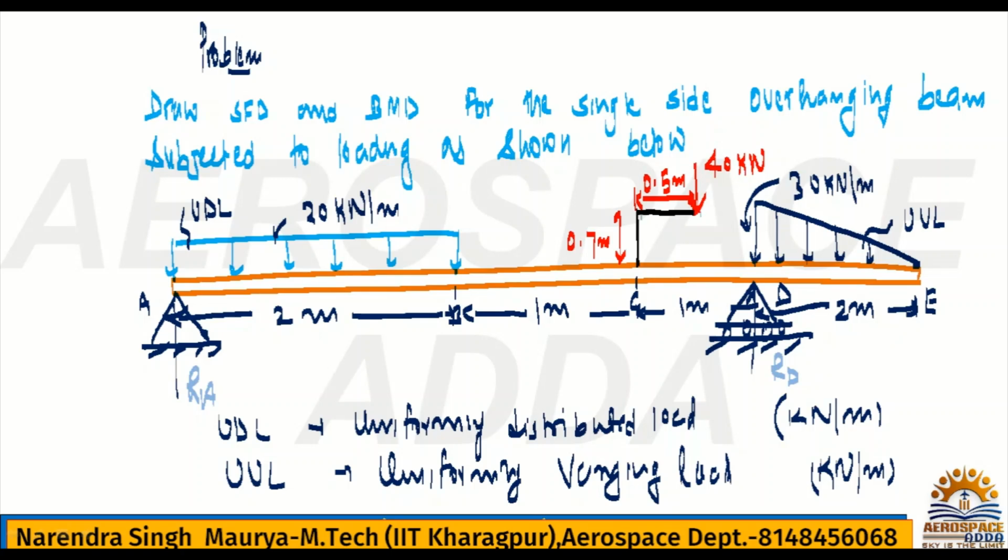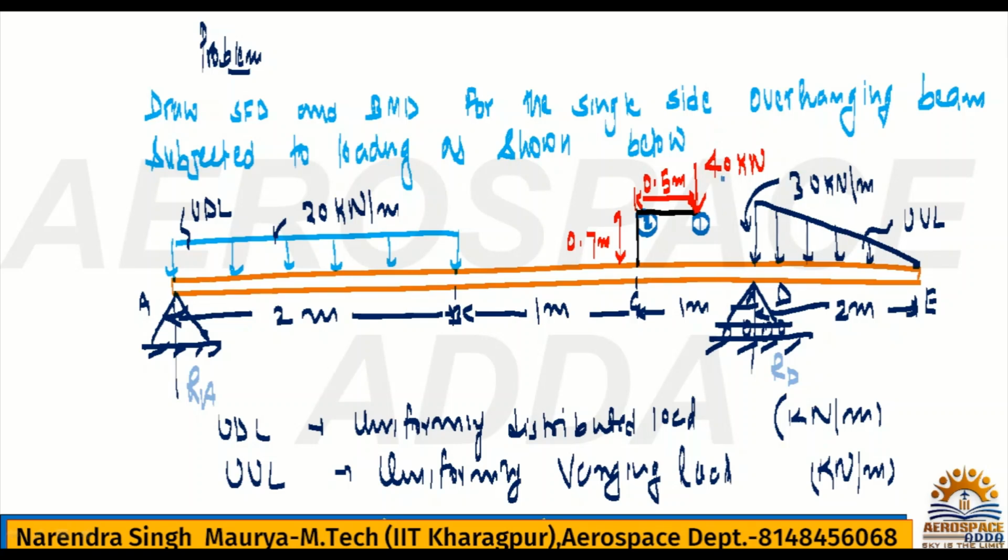You can shift this load to this point. This point is exactly at 90 degrees. It is a joint, it is fixed, so we do not get any moment here.